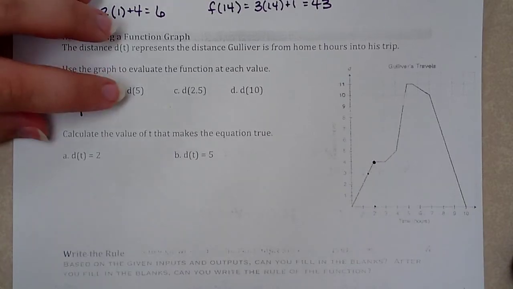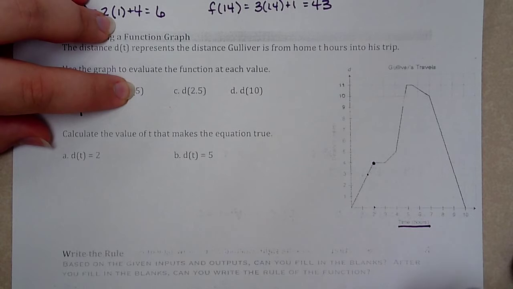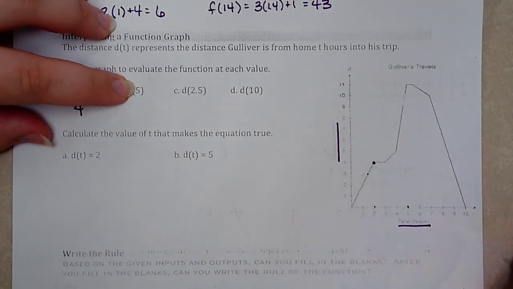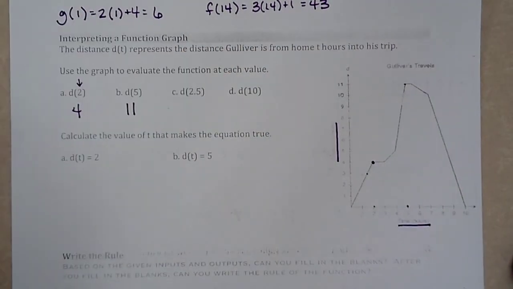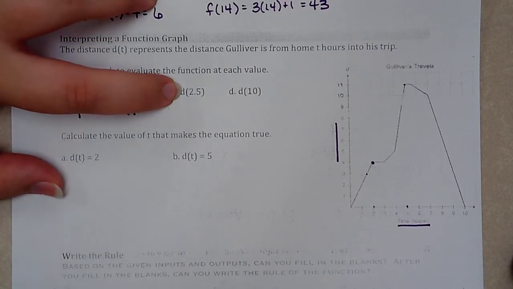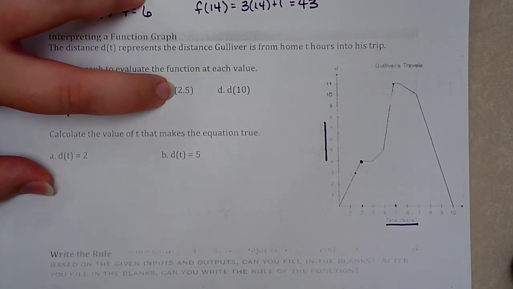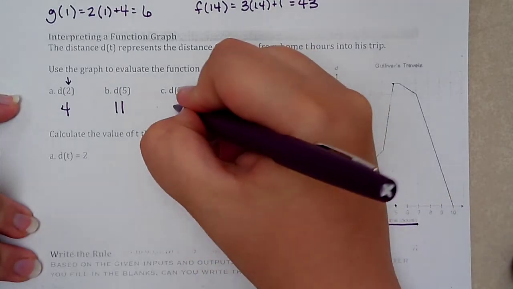Okay, let's see another one. When my time is 5 hours into my trip, time is over here, distance is over here. When my time is 5 hours, my distance is 11 miles. Okay, d of 2.5, that means when I am 2.5 hours into my trip, right here, my distance is 4 miles.